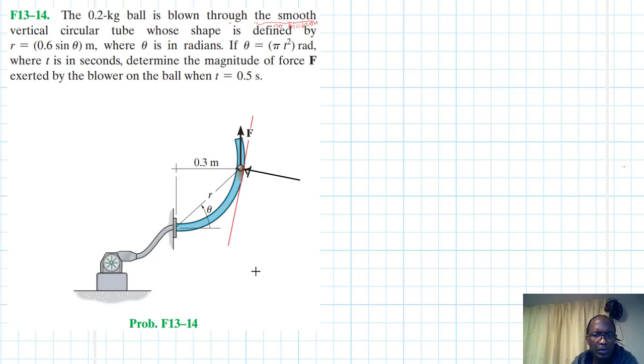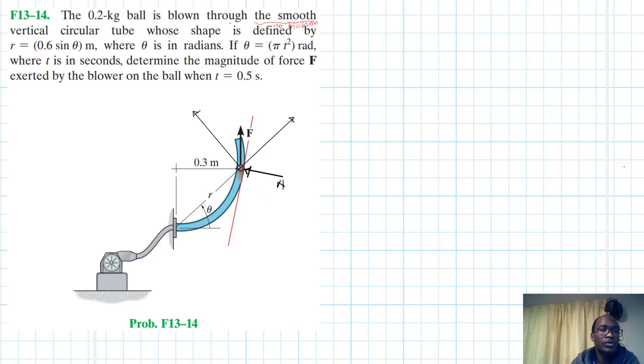So this is our normal force N. Let's extend the radial coordinate, something like so. This is our radial coordinate, and this one here is going to be equal to our normal.